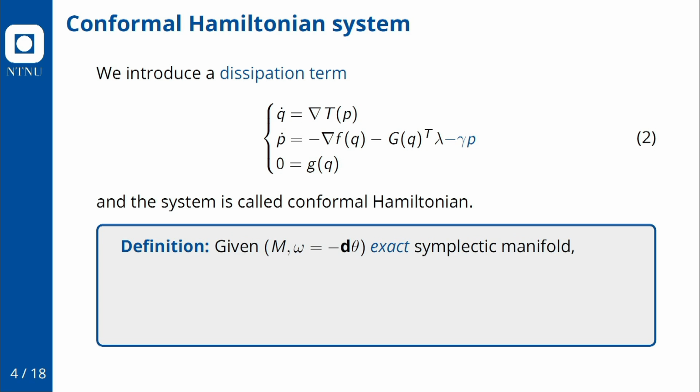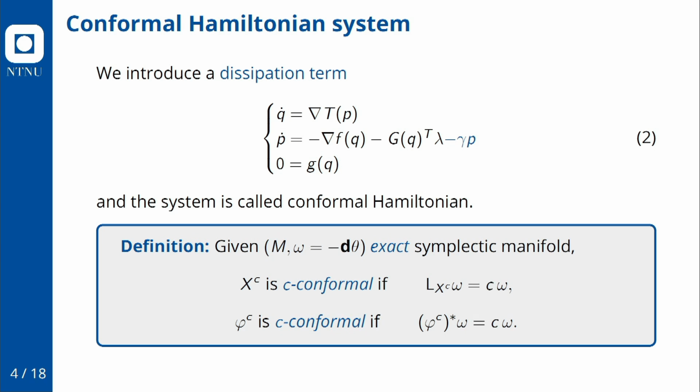Here I've written the definition of what a conformal Hamiltonian system is. First of all, we need to be on a symplectic manifold, and we require it to be exact, meaning that the 2-form omega is not just symplectic, not just closed, but also exact, so it can be rewritten as the differential of a one-form, in this case theta.